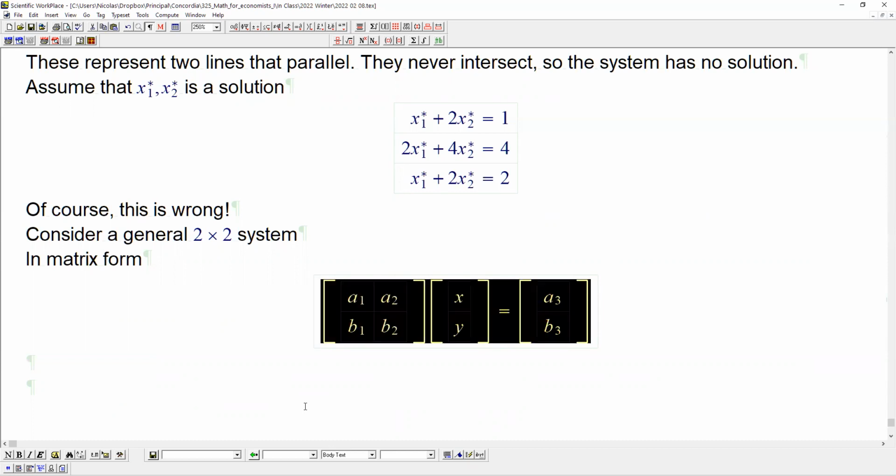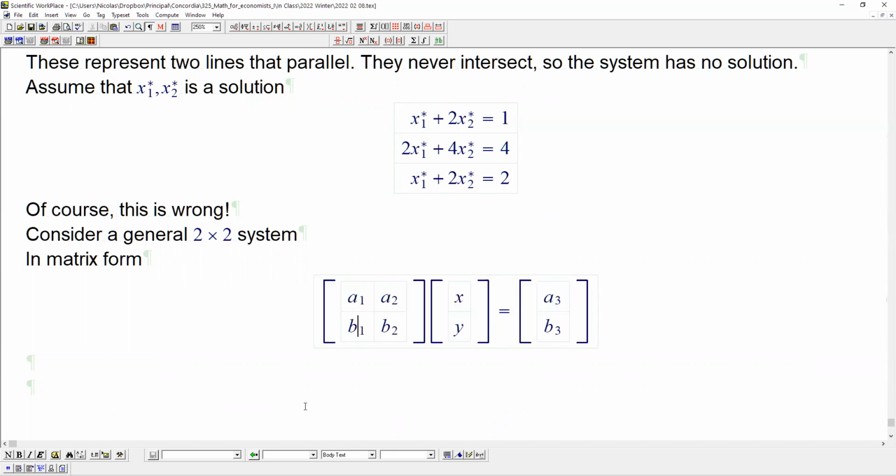I think this is a nice notation because it minimizes the number of indices. I just need 2 indices, and I have all A's for the first row, all B's for the second row, and then this is 1, 2, 3. So I think that this makes things clear.